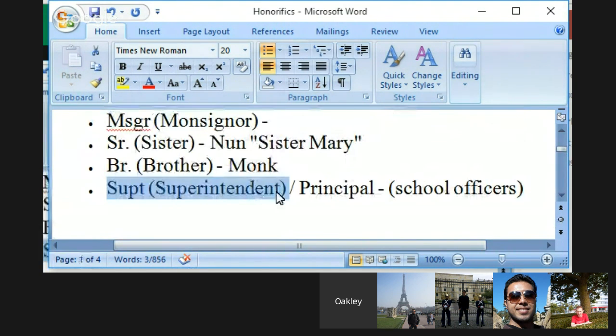Superintendent can also be the person who does maintenance in an apartment building. But there would be a big difference in how you address them. A superintendent of schools would be Superintendent Smith. The superintendent in your building, you'd just call the super. We would make it more informal.